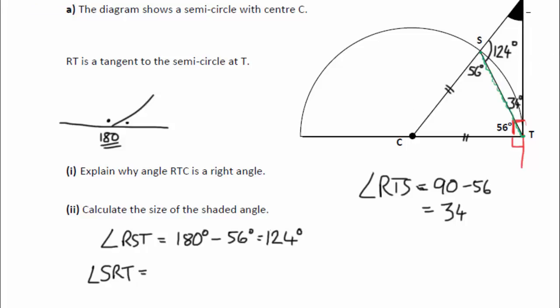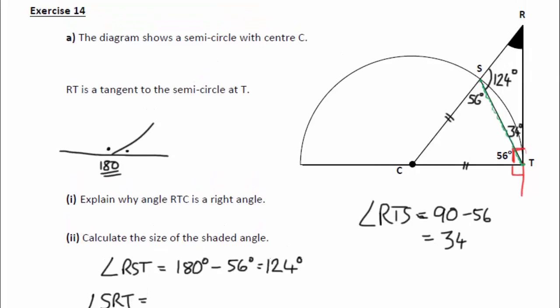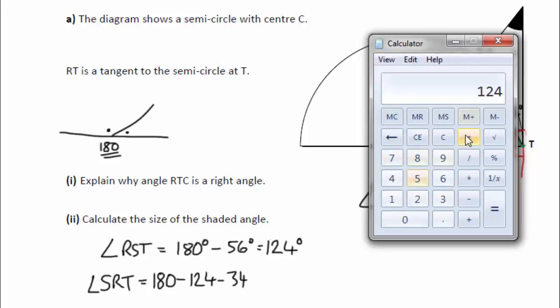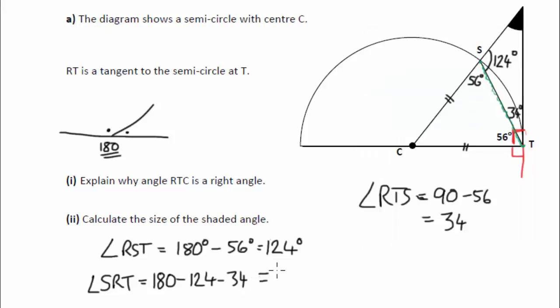That is going to be, because all of the angles in a triangle add up to 180 degrees, 180 subtract 124 and subtract 34. So that's 180 subtract 124 then subtract 34, and that gives you 22 degrees.